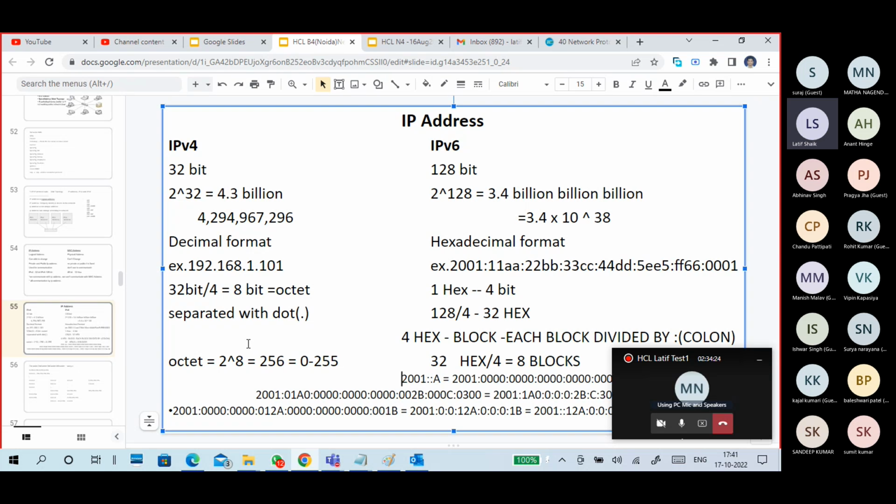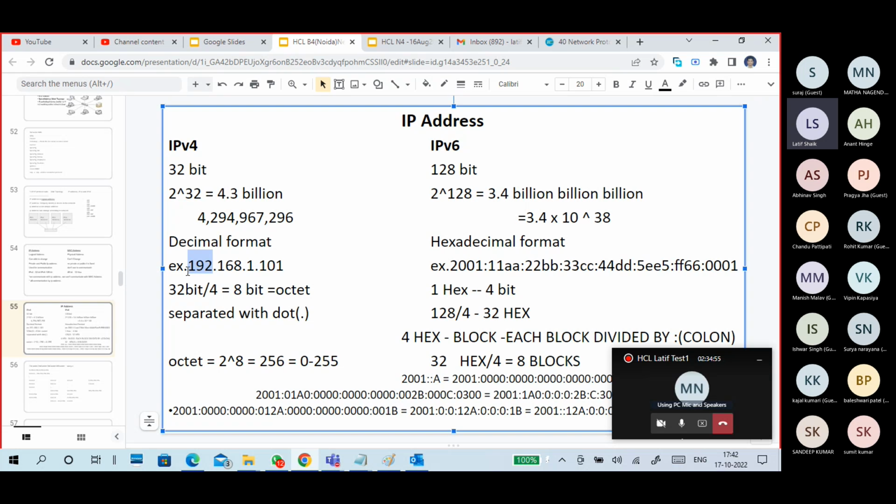So there are 256 numbers, but the range is 0 to 255. It means each octet is 0 to 255 maximum. You cannot use more than 255 in a single octet, not even 256. The highest number in each octet is 255.